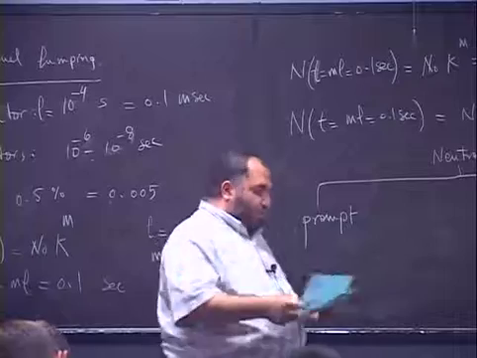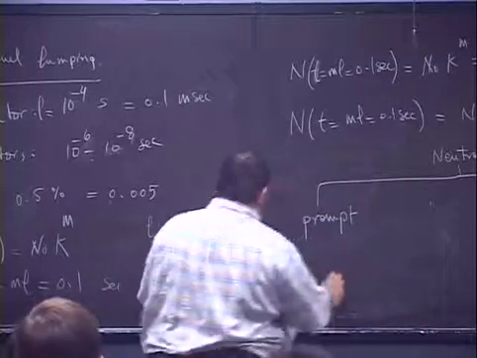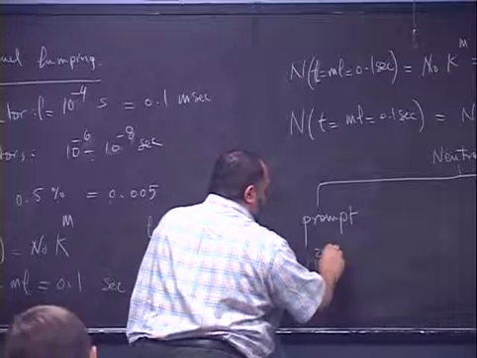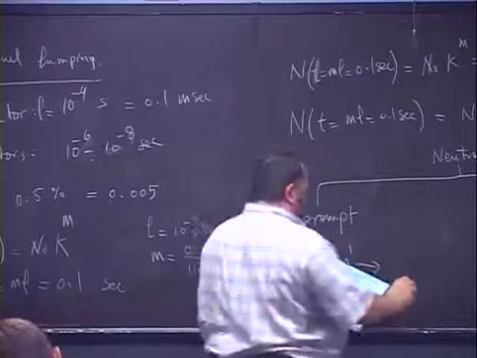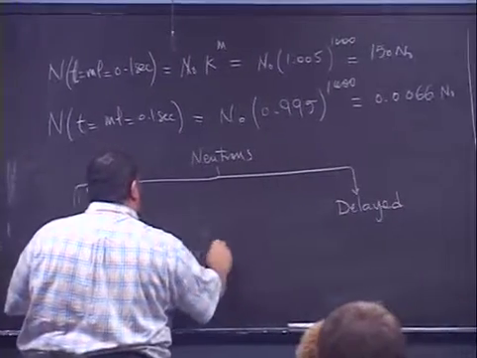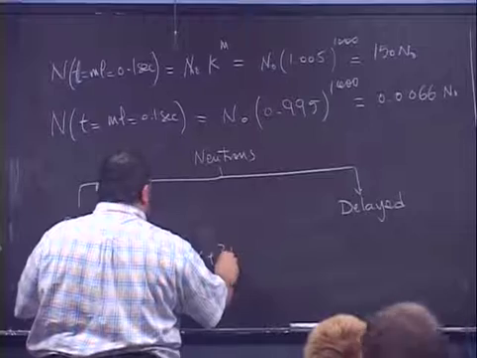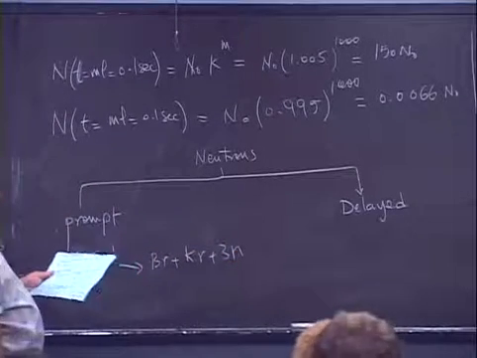An example for this is uranium-235 plus a neutron, which will give you barium plus krypton plus, on average, let's say 2.45, but let's say 3 neutrons. Those are the fission.